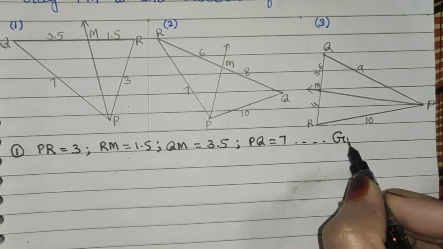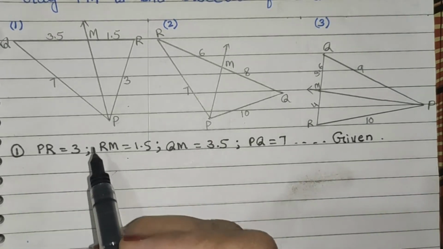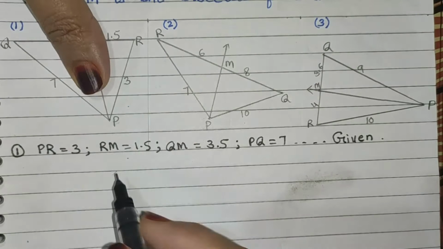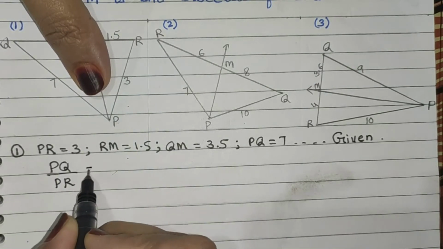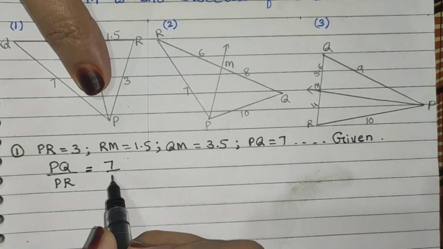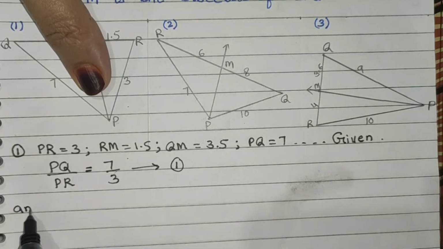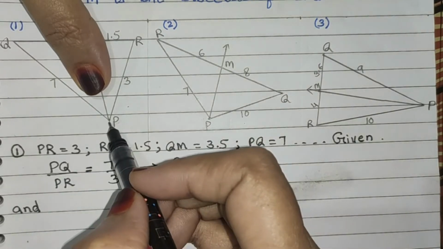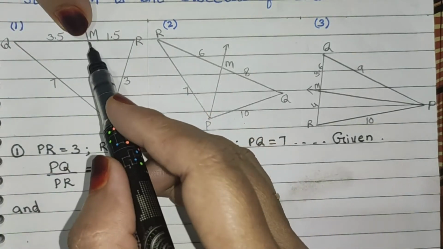Now the values are given here. First find out the ratio PQ upon PR. Substituting the values we get 7/3. Give it equation number 1. Now the second ratio is QM upon RM.